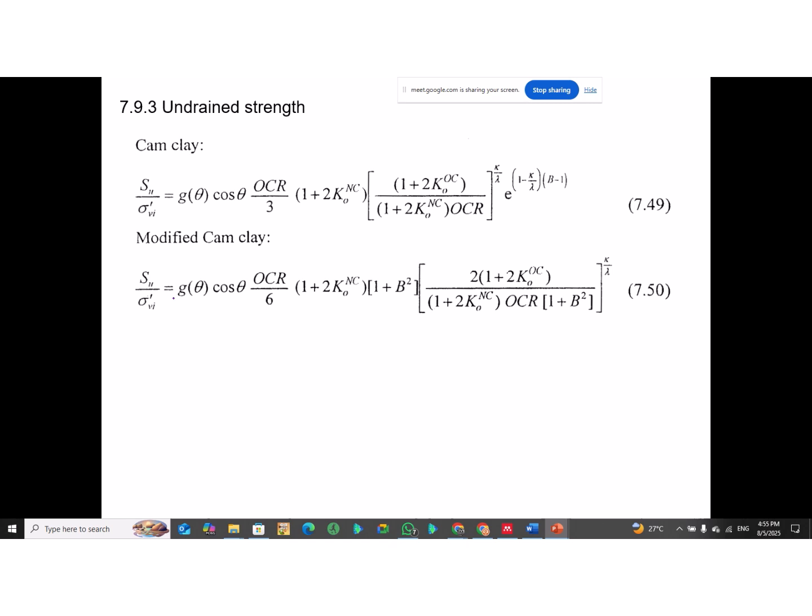And if any of these equations is required for you, the equation will be provided. It is only for you to understand the basis of what we are saying. So this is the undrained shear strength for the Cam clay model, and for the modified Cam clay models.